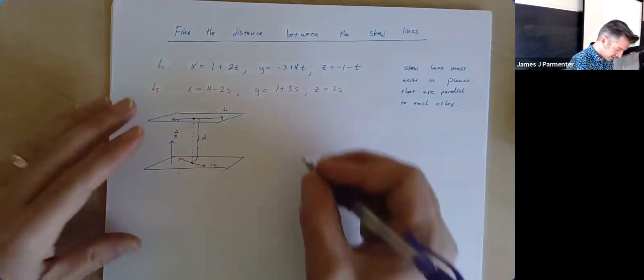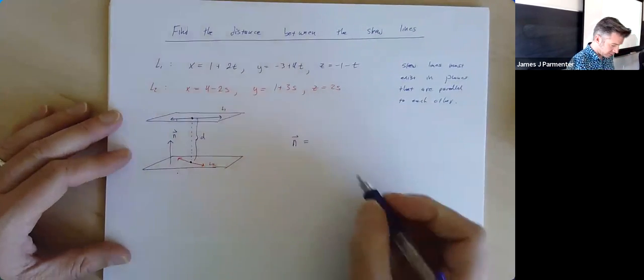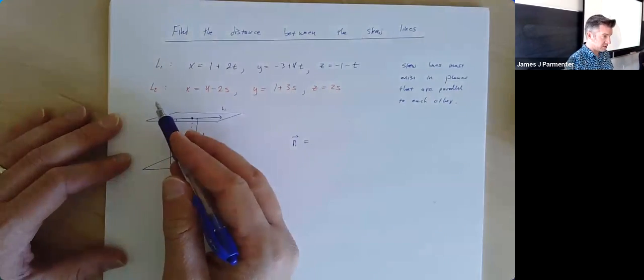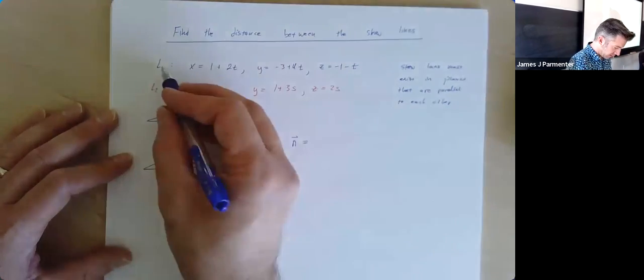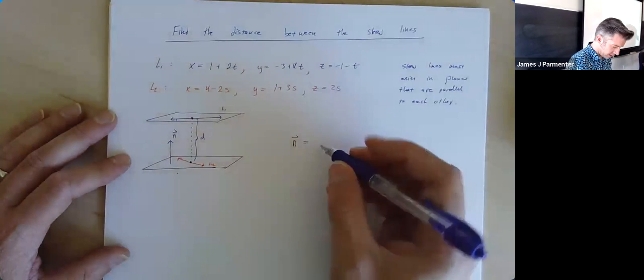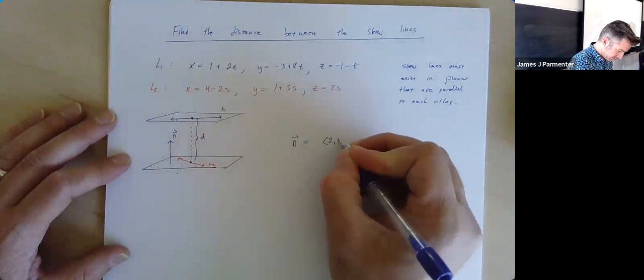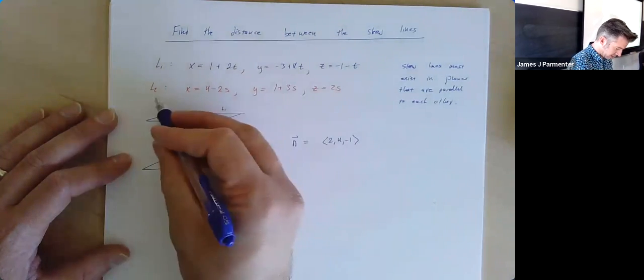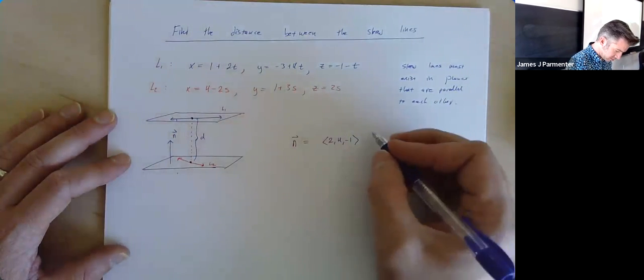Exactly what Patrick said. The normal vector is just going to equal the cross product of the vectors for each line. So the vector for line 1 is 2, 4, -1. And the vector for line 2 is -2, 3, 2.